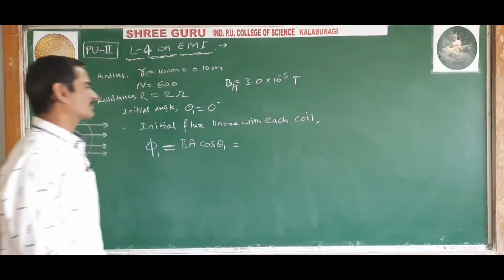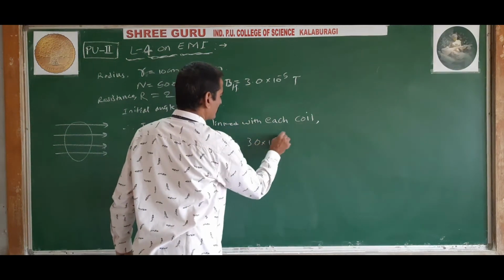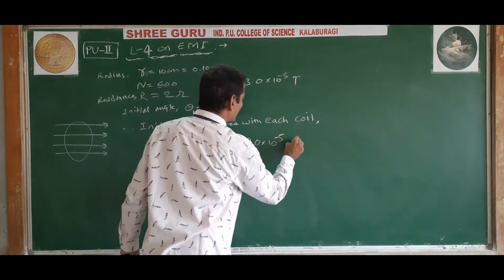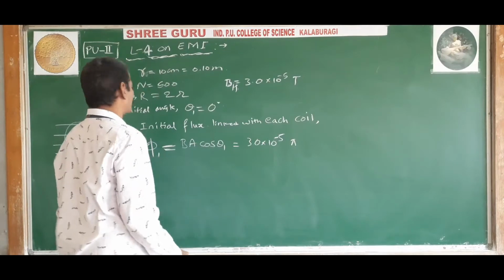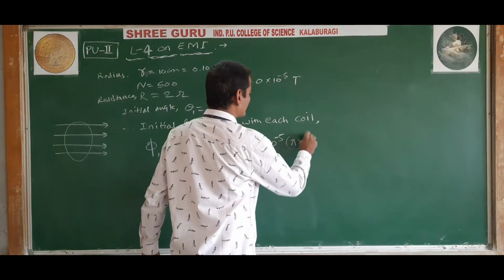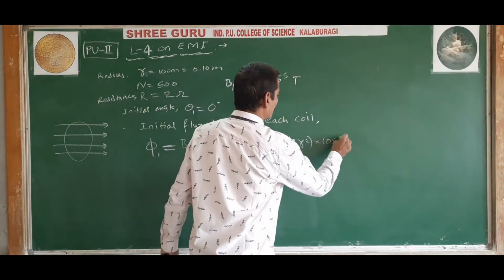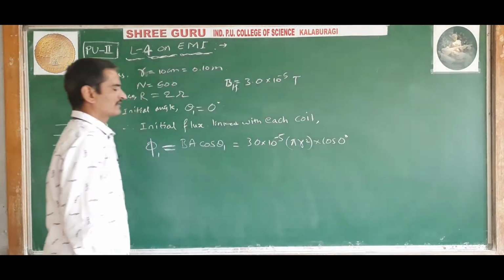And the area of the coil is given by pi r square, because it is a circular coil, into cos theta 1, cos of 0 degree.